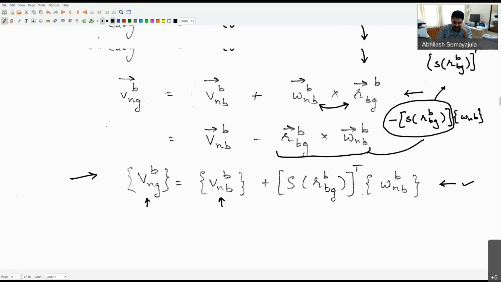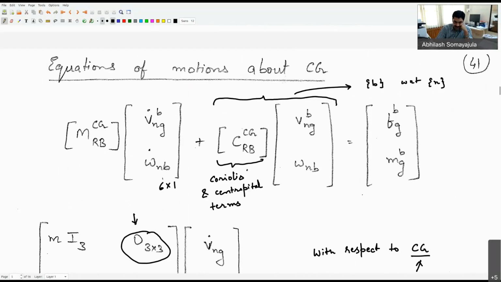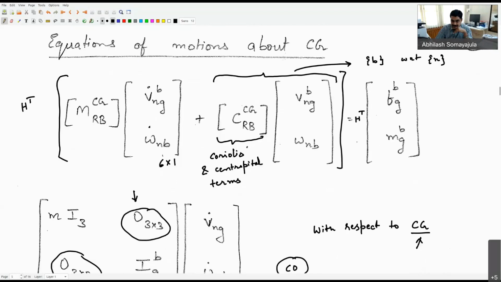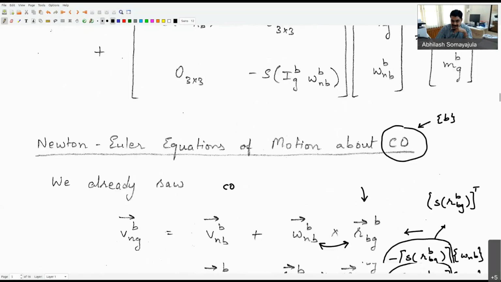We are going back to these equations of motion which we had, and I'm going to take this and pre-multiply by H transpose. Similarly, I'm going to pre-multiply by H transpose on both sides. Is the idea making sense? What am I doing here?